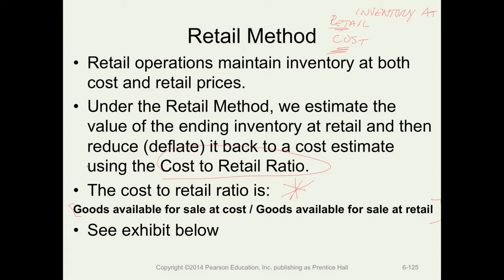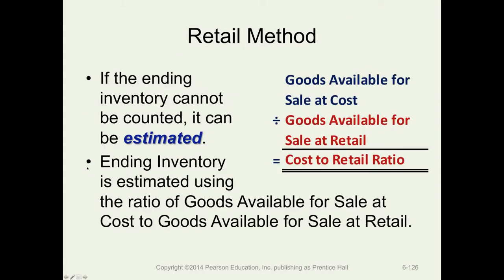So in the gross profit method, what we did was we took sales at 100,000, that's a retail price, and we deflated that by the 60% gross profit. I should say 1 minus the 40% gross profit to give us the 60% COGS ratio. Here, we have to calculate our own cost to retail ratio.